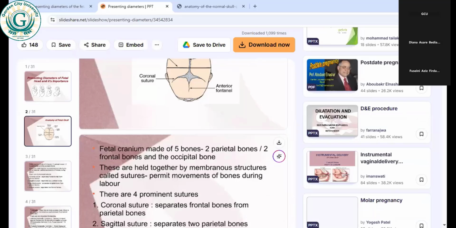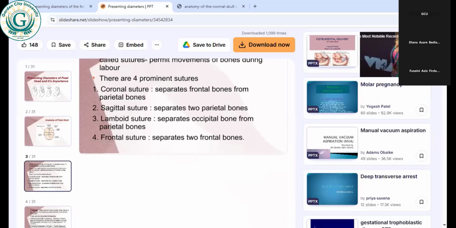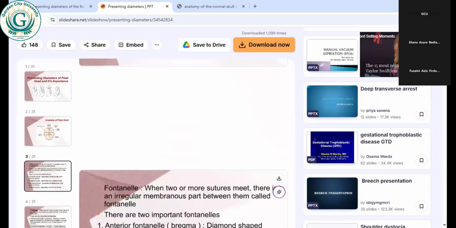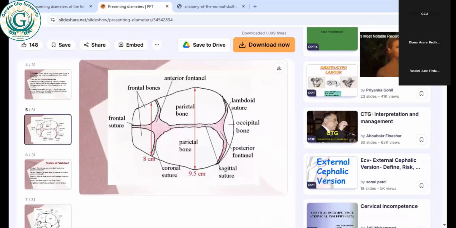As these two diameters are the same length, the presenting area is circular, which is the most favorable shape for dilating the cervix.